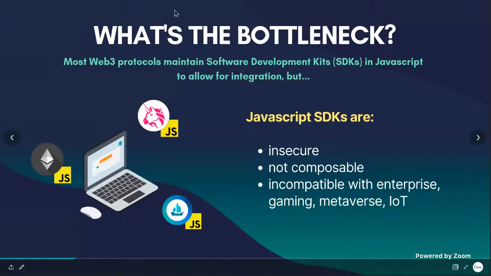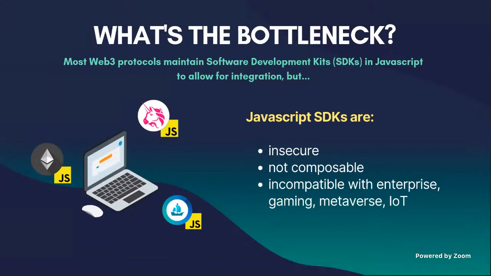And lastly, they're not very compatible with enterprise, gaming, metaverse, and IoT use cases. The main reason is that they're language specific. So, good luck using your JavaScript in a native game, or a game written in a game engine like Unity.